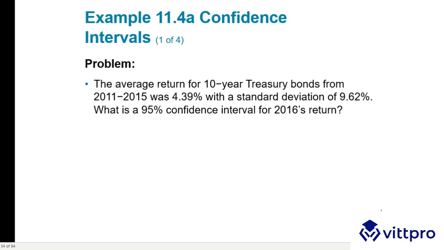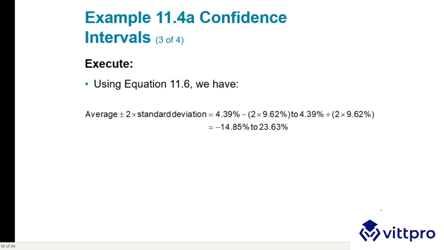Now, in the past example, we calculated the average return of 2011 to 2015, right? The average was 4.39% and the standard deviation is 9.6%, which we have already calculated. Now if we want to know the 95% confidence interval, that is how we calculate the returns with a 95% confidence.